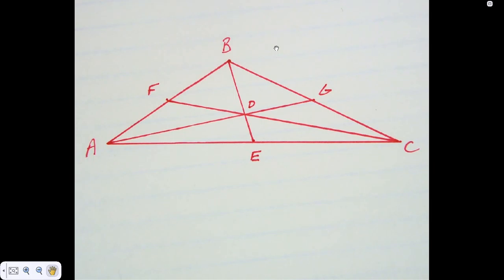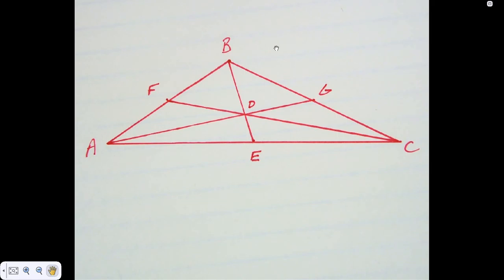Let's say I said DE was 5. What does BD equal? 10. That's the easy part, isn't it? Because remember, I said if this is X, this is what? 2X. If that's 5, that's what?